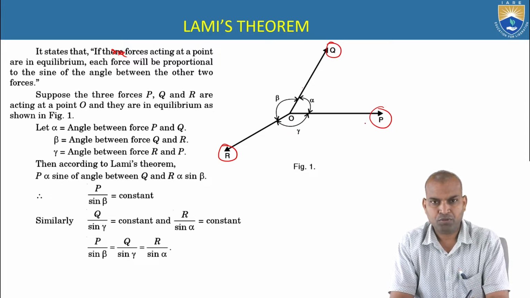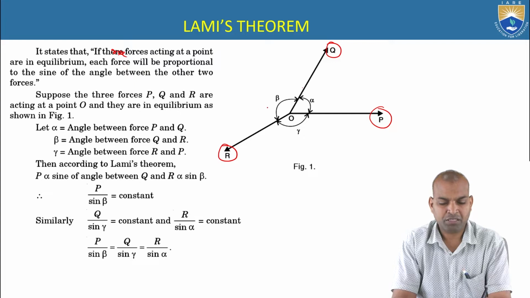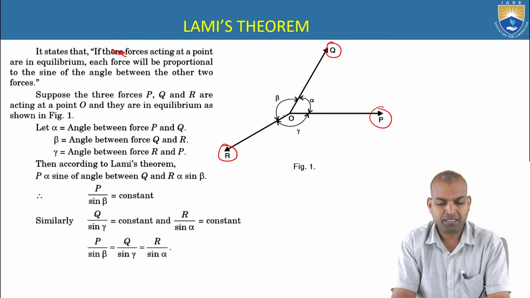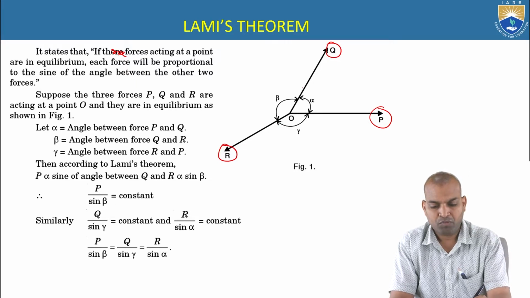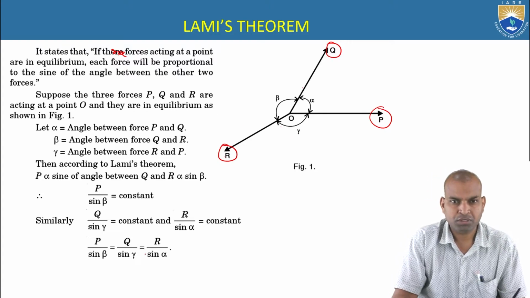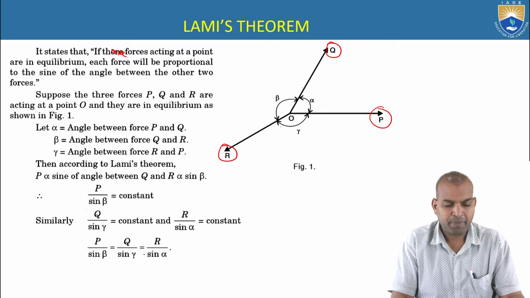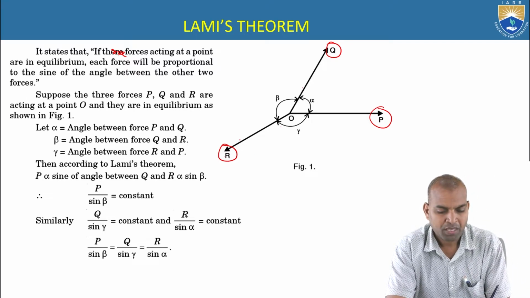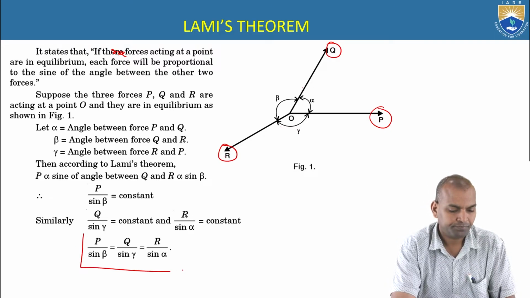So P is the force. What is the sine of the angle between the other two forces? That is sine beta. So P by sine beta equal to constant. Then what about Q? Q by sine gamma equal to constant. Then R by sine alpha equal to constant. Thus P by sine beta equal to Q by sine gamma equal to R by sine alpha.